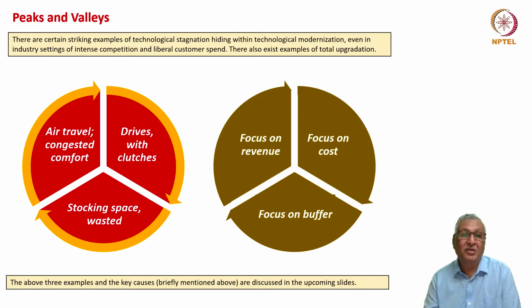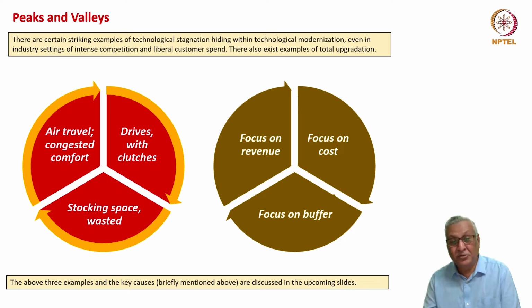Let us take air travel. Billions of dollars are spent on buying aircraft by the airline companies, and the technology involved is the most modern, most contemporary and futuristic. Yet, the comfort level that is offered in air travel within an aircraft is one of high congestion and in some cases of poor hygiene as well.